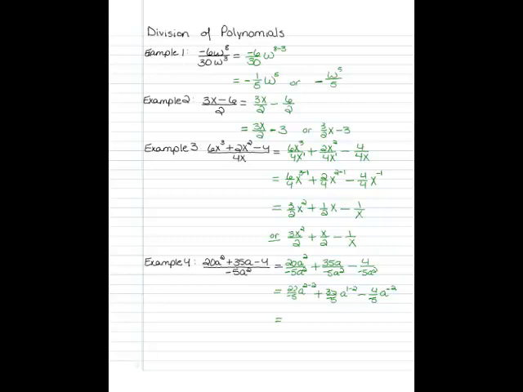Working this out, 20 divided by negative 5 gives us a negative 4, a to the 0, plus 35 divided by negative 5 gives us negative 7, a to the negative 1, minus 4 over negative 5 is the same as negative 4 fifths, a to the negative 2.